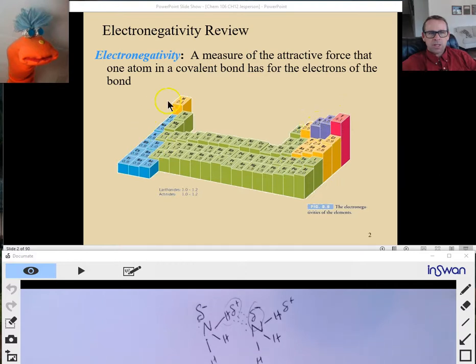Nitrogen is above everything else on the periodic table here, and fluorine is above oxygen, which is above nitrogen. If we remember that much, then it allows us to identify polar bonds, and then thus polar molecules, and then from that we can begin to think about what we call these intermolecular interactions.